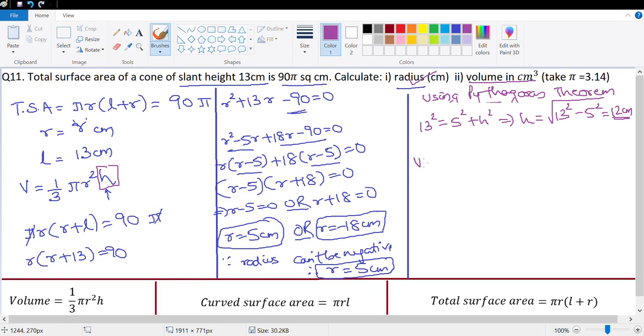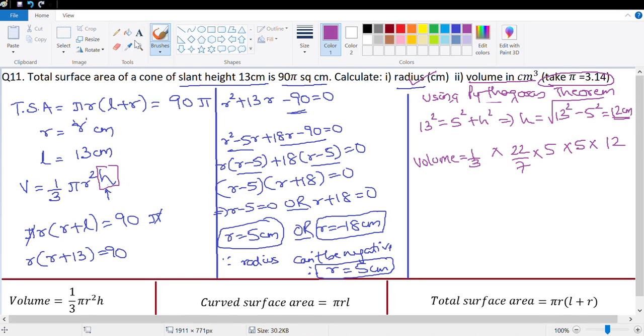Therefore volume will be equal to 1 by 3 into pi, which is 22 by 7 into r. R is 5, which is what we've calculated, multiplied with 5 into h, which is 12. And I just realized that they have asked us to take pi as 3.14.